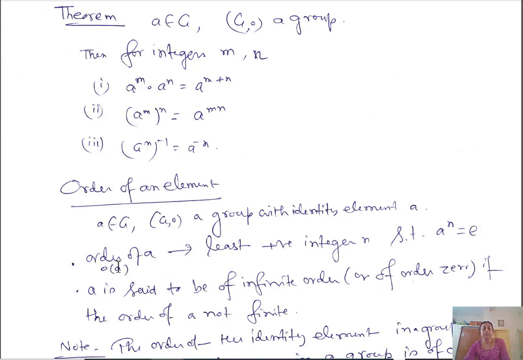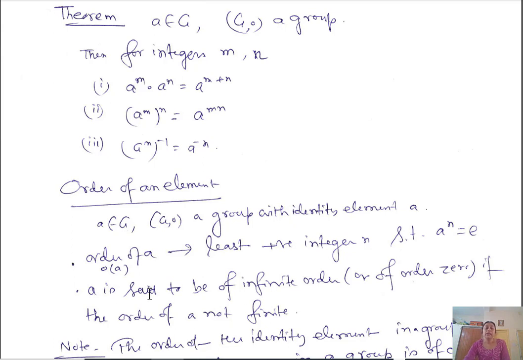Since already we have discussed Zn star, you will not have any difficulty in understanding these things. So order of an element means the least positive integer n for which A to the power n is E.